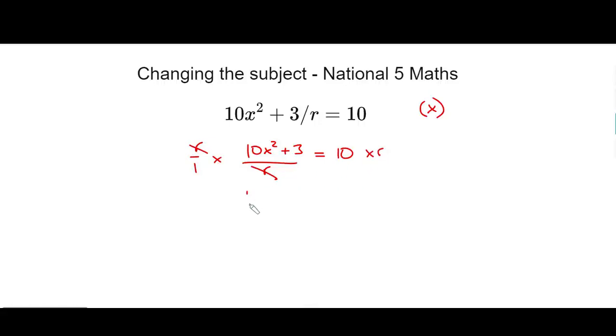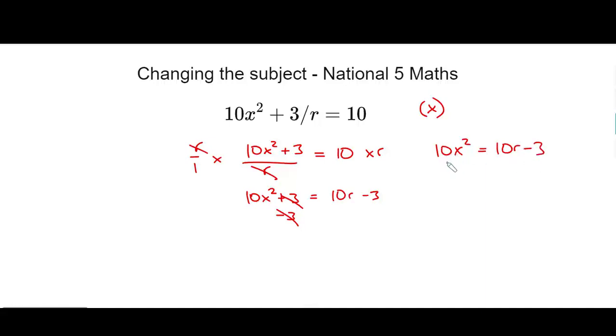That gives us 10x squared plus 3 is equal to 10r. To get rid of the 3, we minus 3 on this side too. That gives us 10x squared is equal to 10r minus 3.